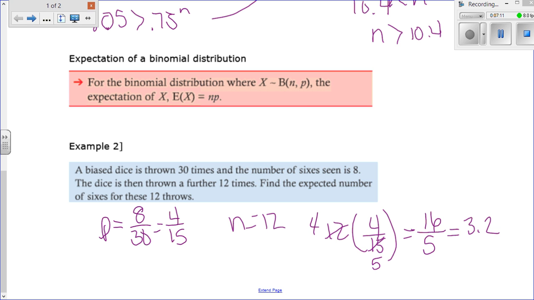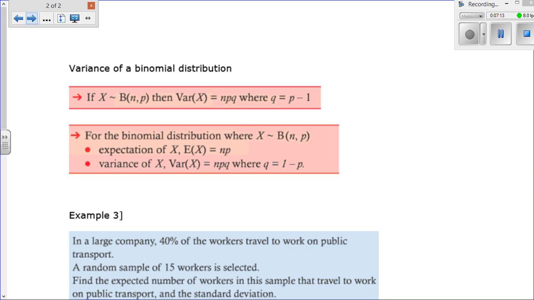On the next page, on the back, we have the variance of a binomial distribution. Well, we talked about variance before, and we said that variance is the measure of dispersion. And you're given this definition here on the formula sheet.